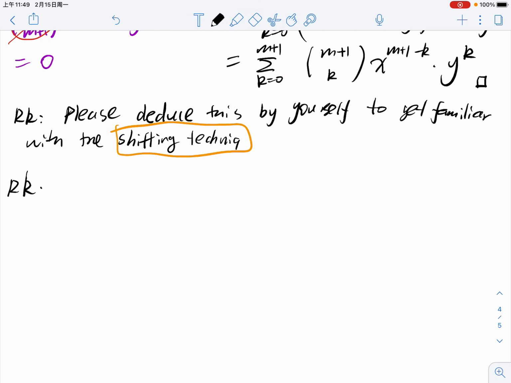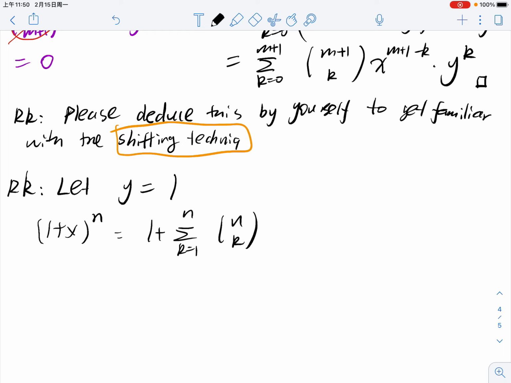Okay, next remark is about the formula itself. When you let y equal 1, then what we have is 1 plus x to nth power equals 1 plus summation k from 1 to n, n choose k times x to k's power.